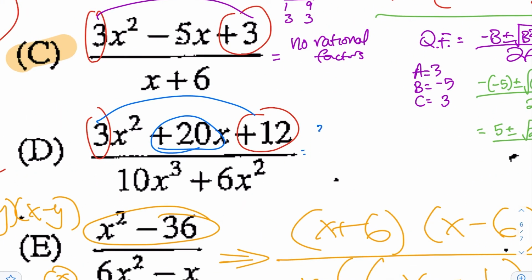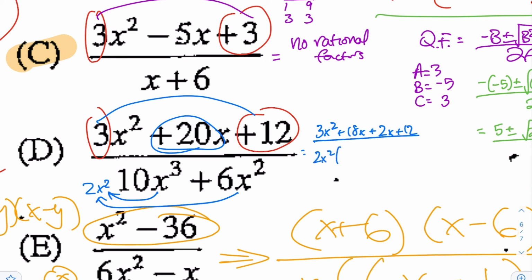So this would be 3x squared plus 18x plus 2x plus 12, all over 10x cubed plus 6x squared. Here you can factor out x squared, or actually 2x squared. So you have 5 times x plus 3.